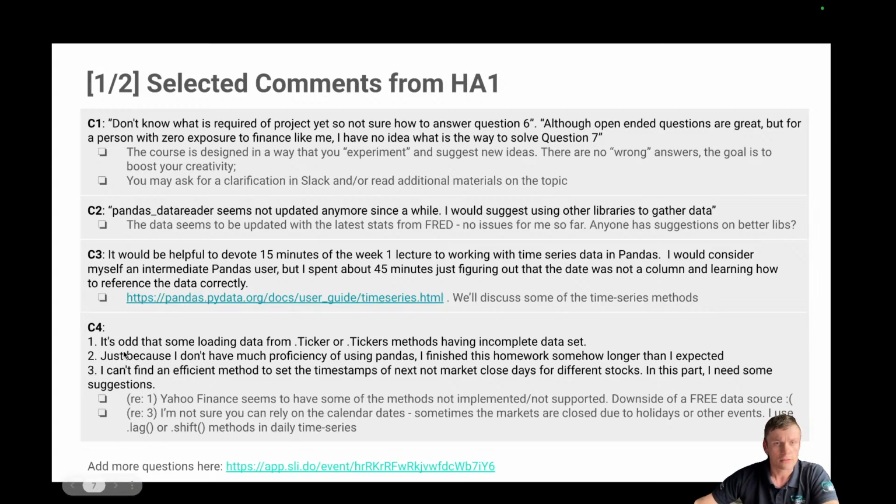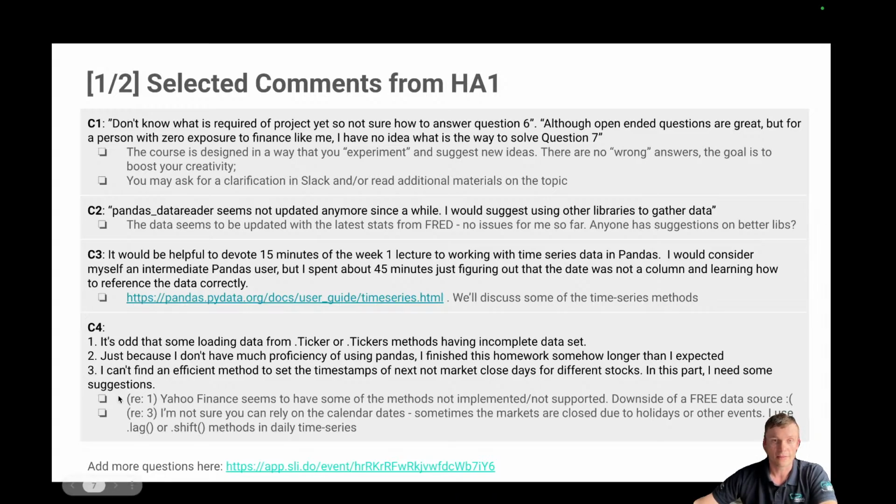Next comment. It's odd that some loading data from ticker and tickers methods have incomplete data set. So then, just because I don't have much proficiency in using Pandas, I finished this homework somehow longer than I expected. And last, I can't find an efficient method to set the timestamps. I think that's the downside of using free data sources.